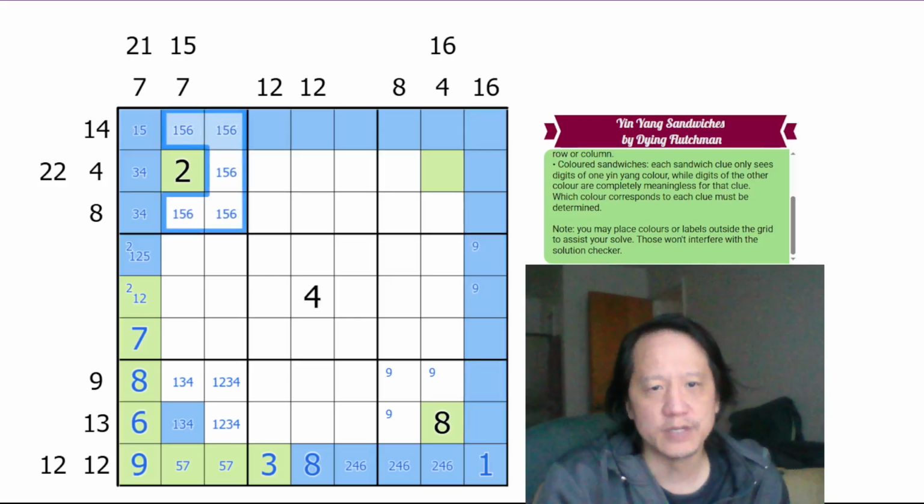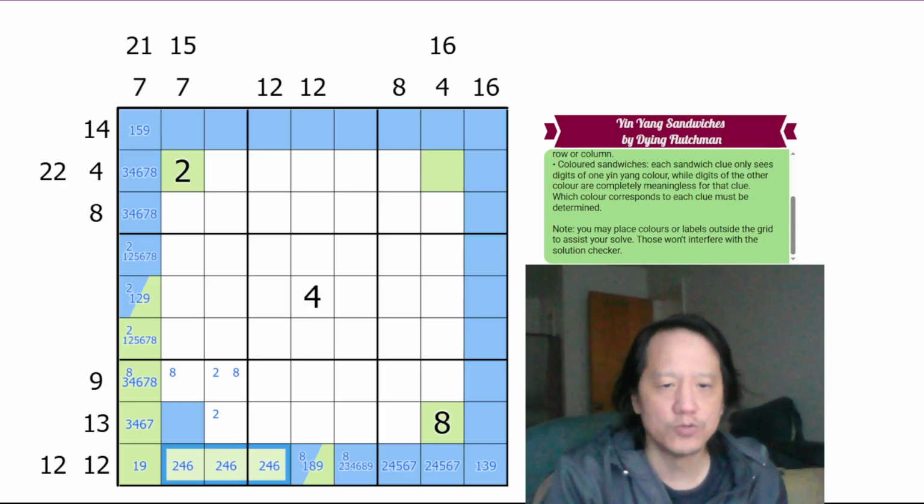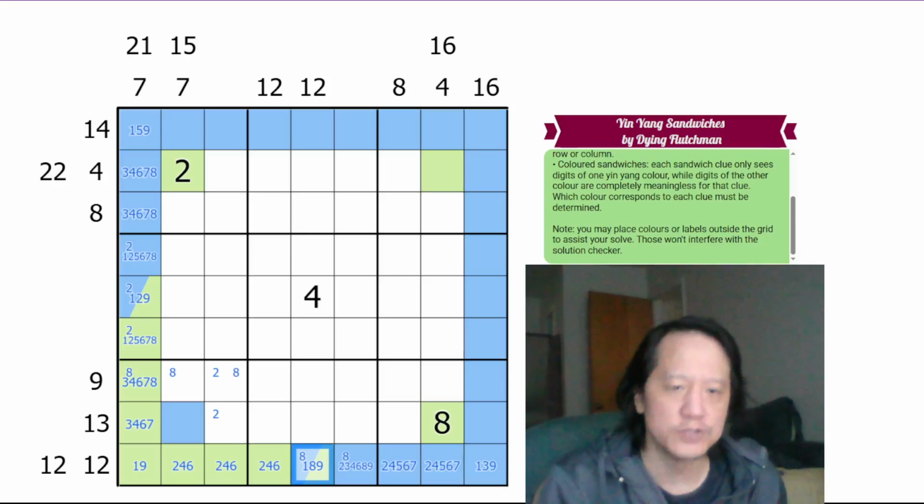What does that mean? That means this has to be 2, 4, and 6 here. So this has to be a 2, 4, 6 triplet, which means it's between 1 and 8 or 9. So 1 is guaranteed to be one of these. So this is green.